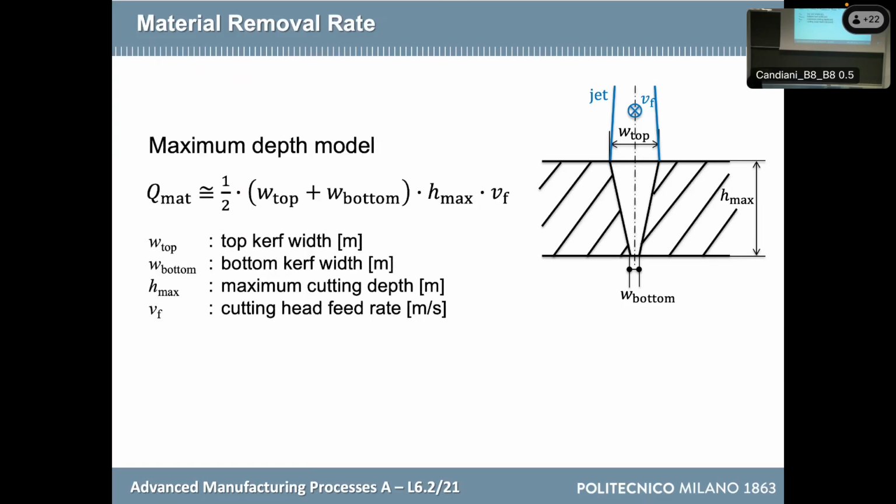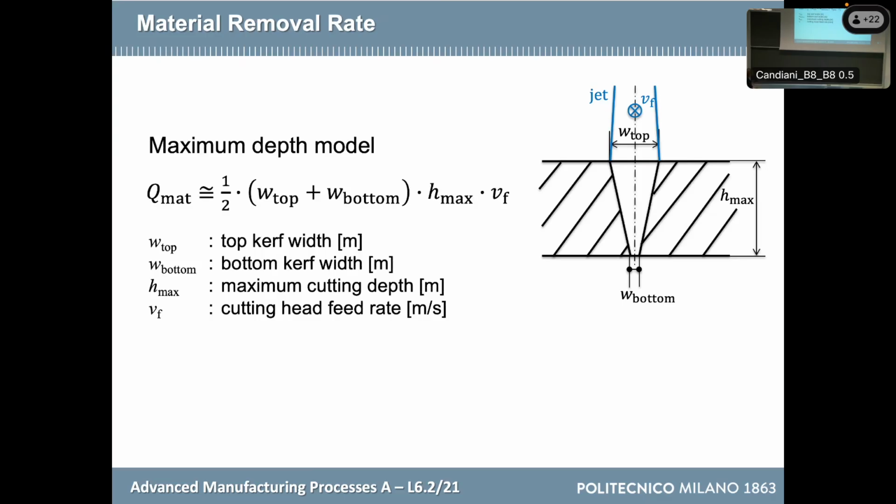And so the first calculation we do is for the MRR. So in other ways, first we have calculated the MRR in the previous slide, thinking about the energy needed for removing a portion of material. Now we see the same effect, so the same MRR calculated from the point of view of the workpiece.